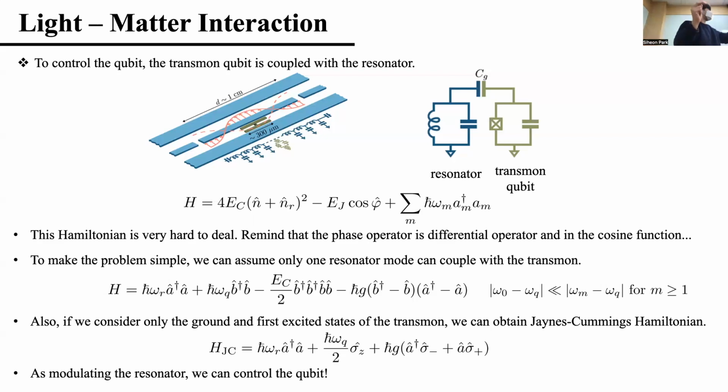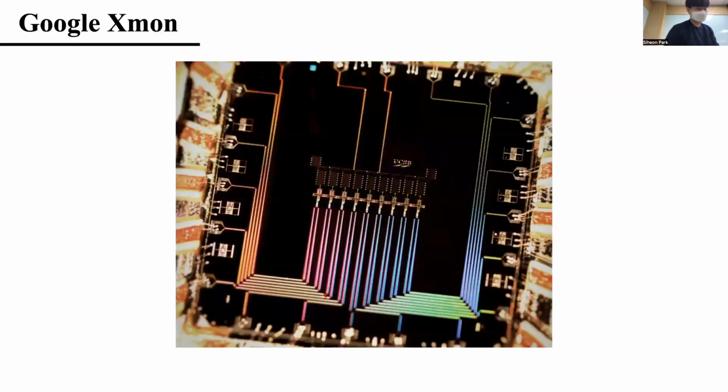So let's see the picture. There are transmons, and there are circuits. So you can control the circuit simultaneously. So you can think about the CNOT gate.